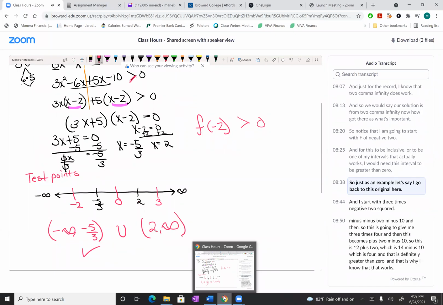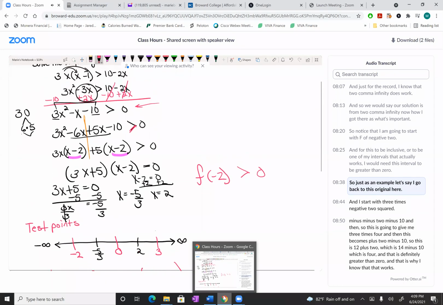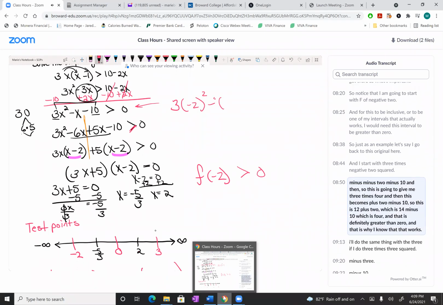So just as an example, let's go back to this original and start with 3 times negative 2 squared minus 2 minus 10. This is going to give me 3 times 4, and then this becomes plus 2 minus 10. So this is 12 plus 2, which is 14, minus 10, which is 4, and that is definitely greater than 0. And that is why I know that that works.